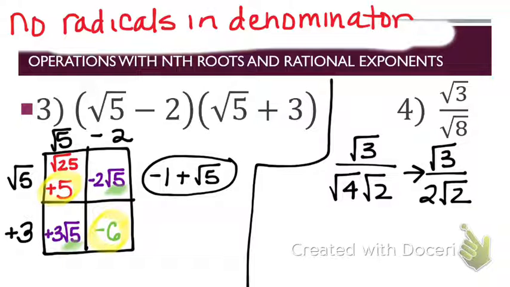So we can't leave this the way this is written. And the reason why is because of this square root of 2. This is a problem. So we have to get rid of it. And to rationalize it, we're going to multiply the numerator and the denominator by the square root of 2.